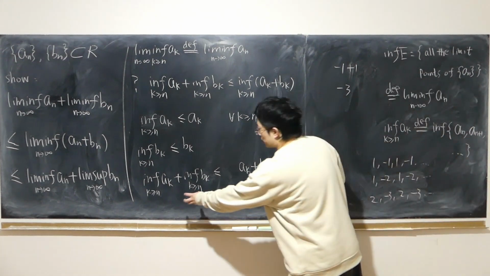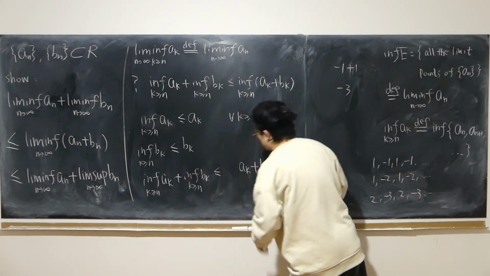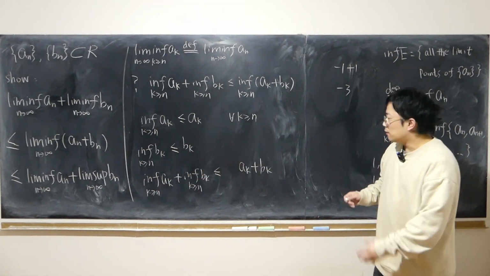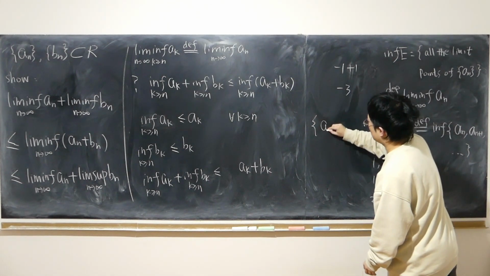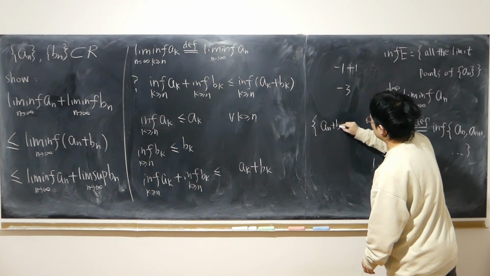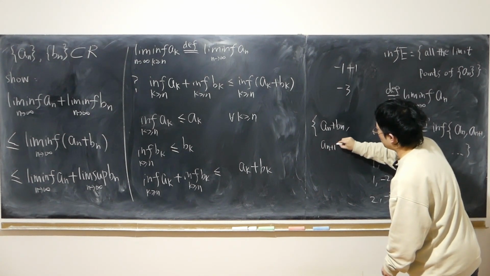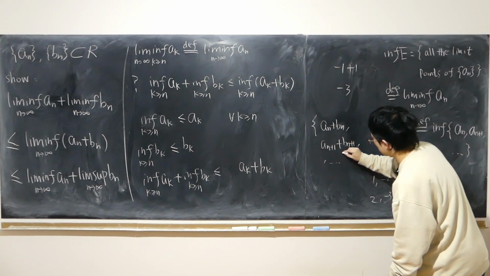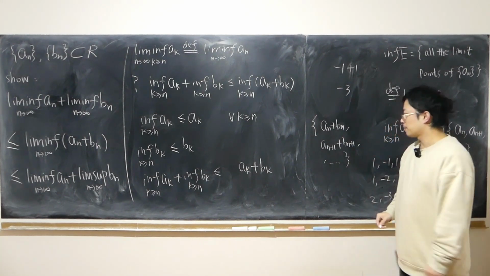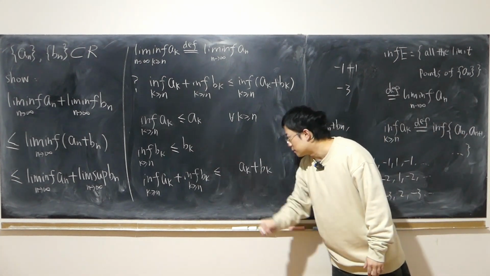The left-hand side is a constant, so any element from this set, an plus bn as a whole entity, an+1 plus bn+1, is bigger than or equal to this constant.